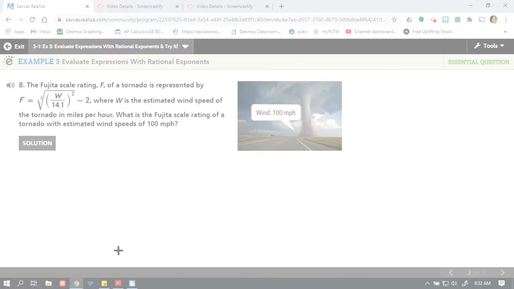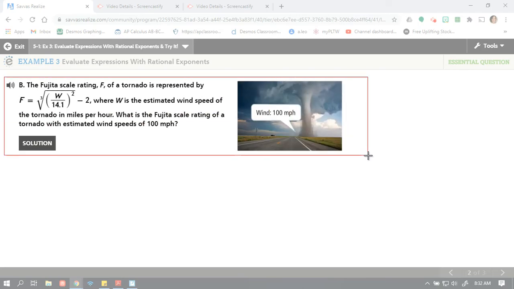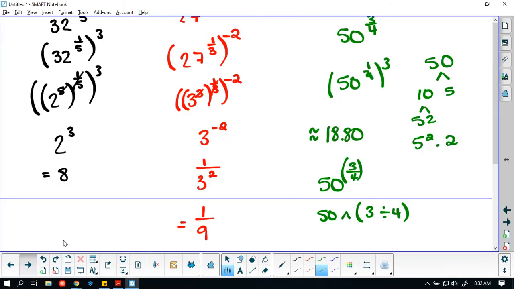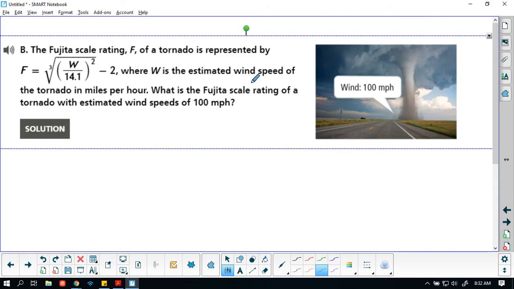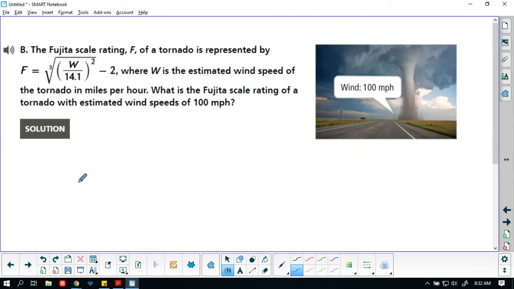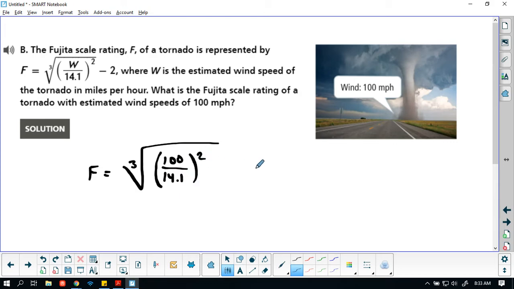So let me grab this. I'm going to grab the picture because that's actually a pretty cool picture. That looks like a digital drawing. So we have F equals the cube root of 100 divided by 14.1, squared, minus 2.